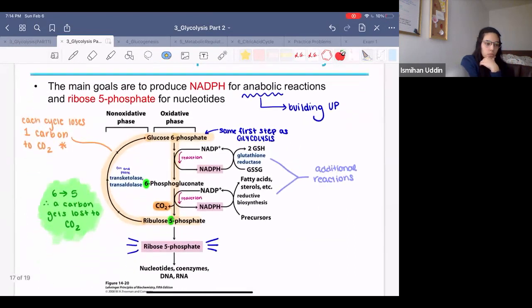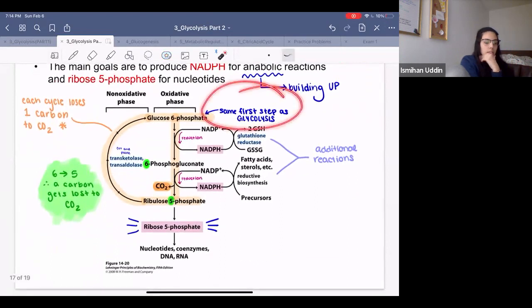Same first step as glycolysis. Then we go down here and have a little cycle of reduction with NADP and NADPH. We yield an NADPH, and it happens again, another NADPH. Then we make ribulose 5-phosphate. It was 6-phosphogluconate, and now we're at ribulose 5-phosphate. Where did that carbon go? It got lost as carbon dioxide.